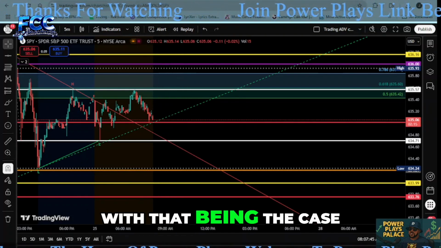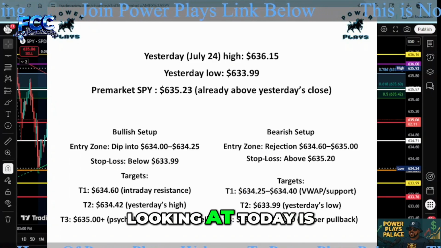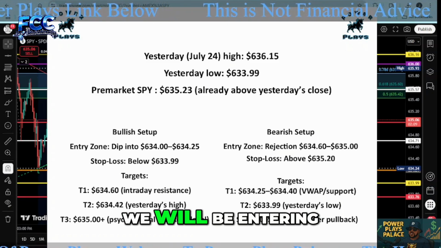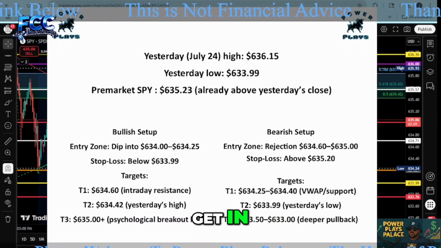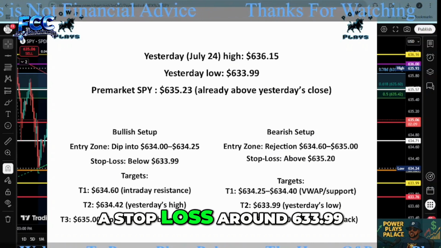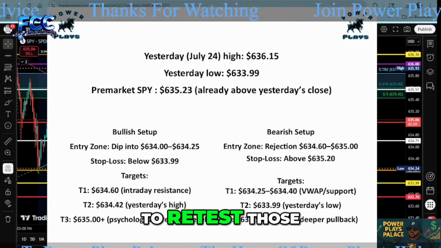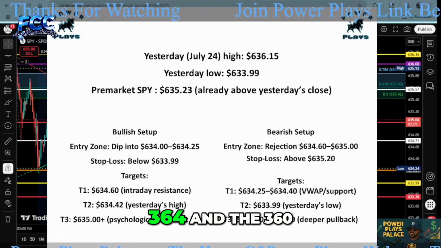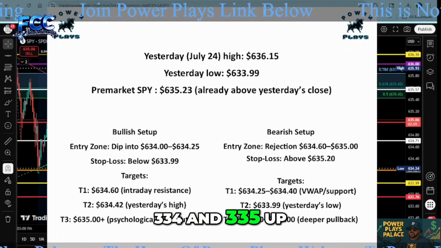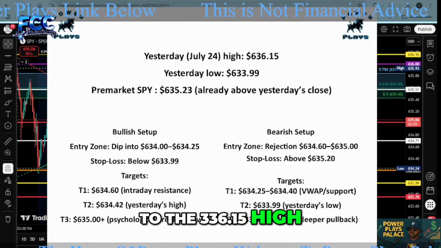So with that being the case, what we're going to be looking at today is our bullish setup. We'll be trying to get in around the 634 with a stop loss around 633.99, with our first target the retest of the 634 and the 635 up to the 636.15 high.